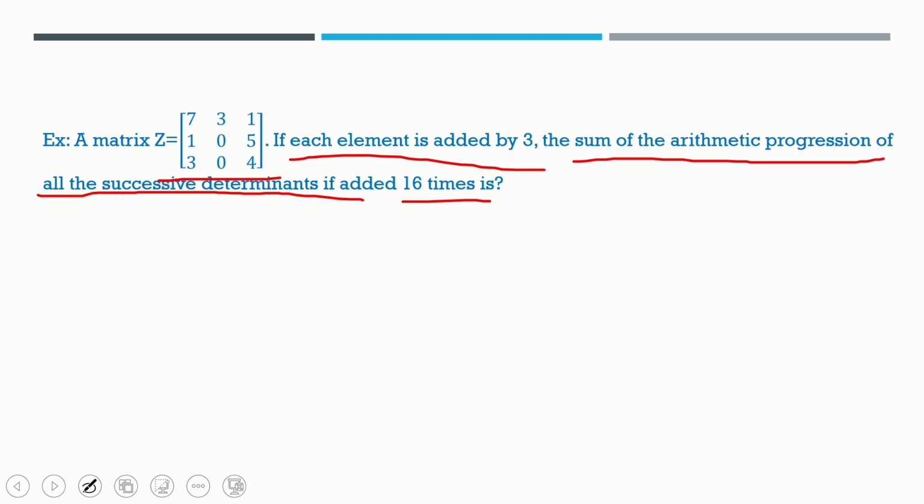Okay, so if you know the formula, then better. Otherwise, you have to find the determinant of the successive element-added matrix 16 times, which will be very difficult to solve. Maybe you have chances of making a calculation mistake, you will get a wrong answer and you will not get the desired answer.